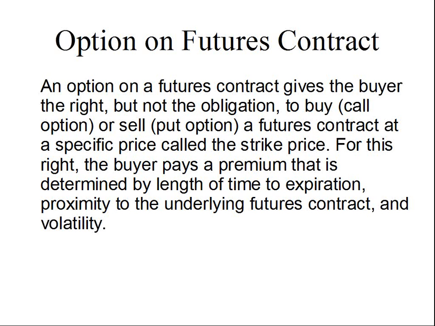The seller collects the premium and is at risk the full value of the underlying futures contract if it expires above the strike price. If it is below the strike price for which he sold it, then he collects that premium. And that's what we're going to be learning how to do, is to sell, and part of our synthetic futures is to sell either a put or call to form a synthetic futures position.